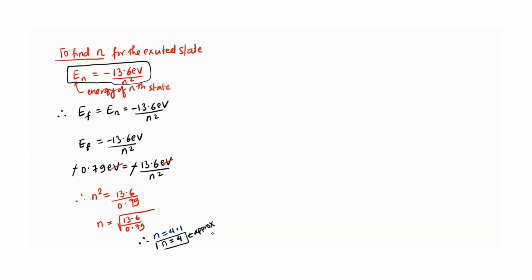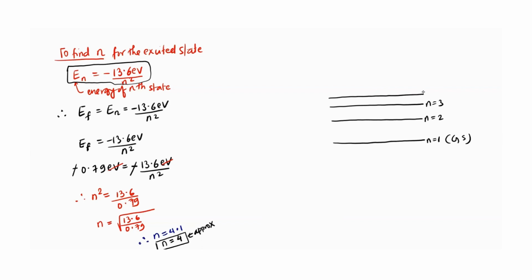Now we have n equals 1 ground state, n equals 2, n equals 3, and the excited state is n equals 4.